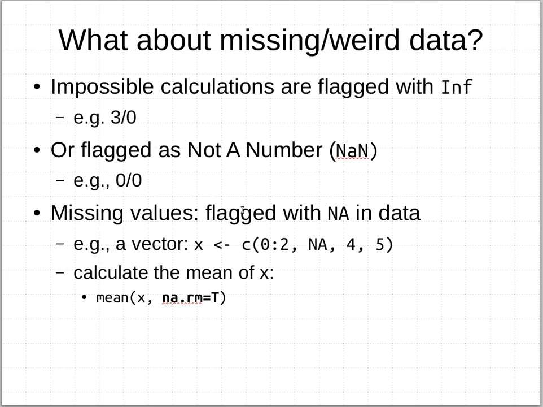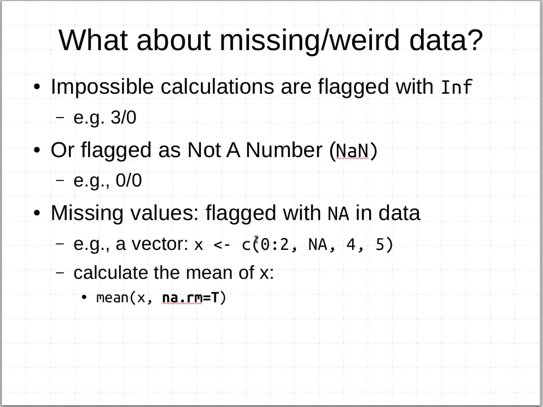You might also get missing values that could be flagged with, for example, NA. Some people often will enter NA in a cell to indicate that it was not just simply a zero, it's in fact not any number available. You can have those in data sets that are obtained online, or maybe you enter them yourself that way for that purpose.